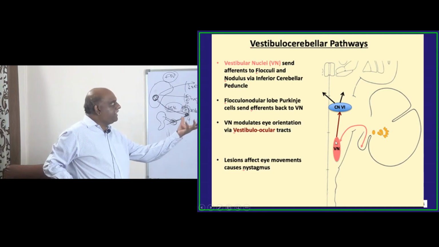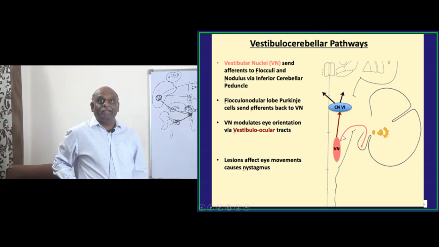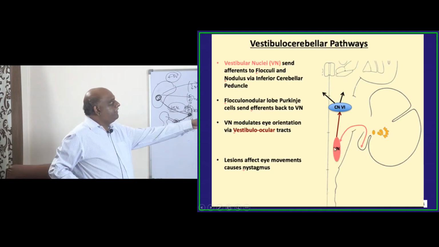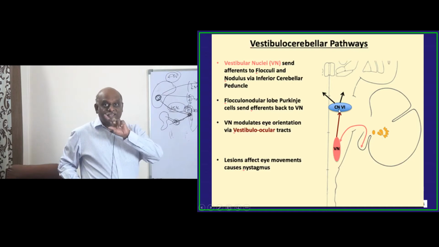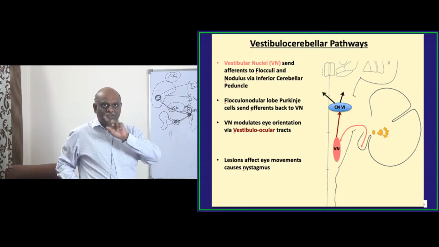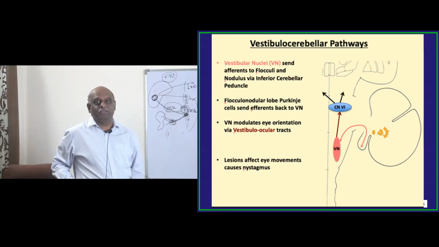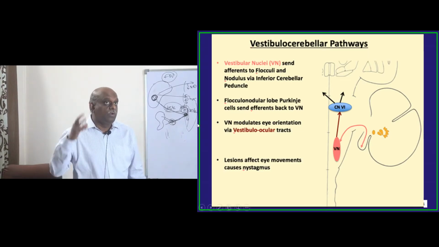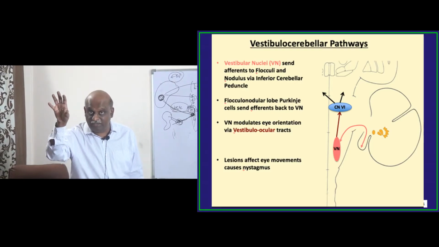And the vestibular nucleus modulates the orientation of the eye, and for that the vestibular nucleus has got connections with the 6th cranial nerve, that is the one which is controlling the extraocular muscles. So, that is how what we are listening and semicircular information is told to the cerebellum.